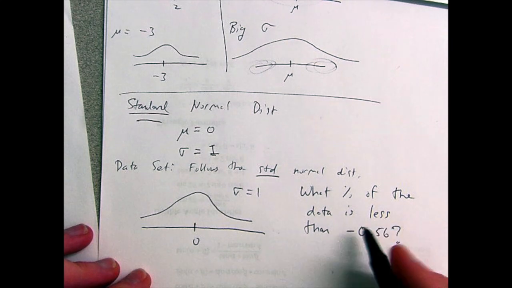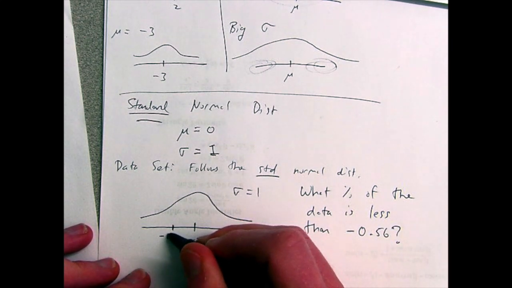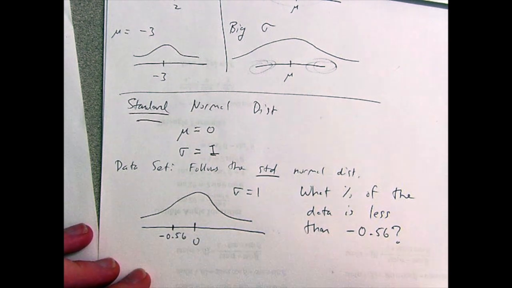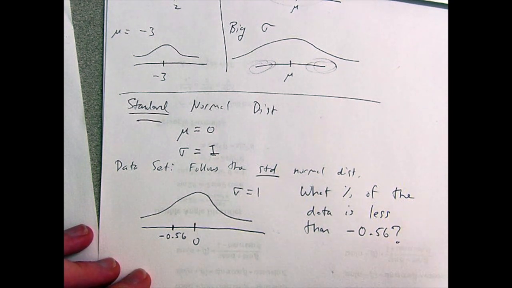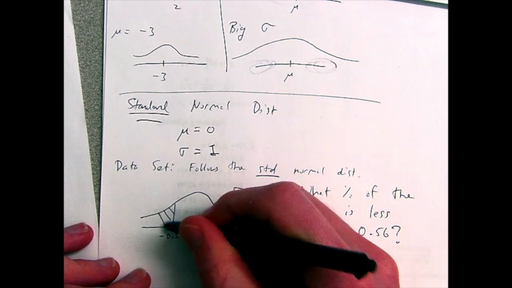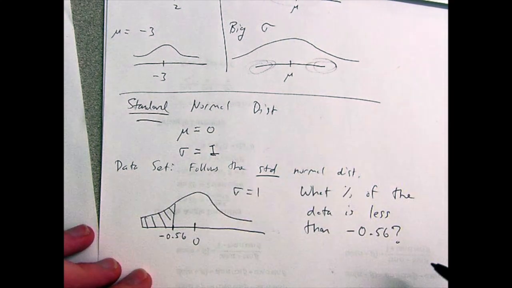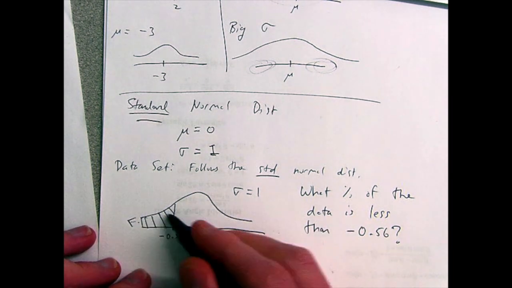Go to negative 0.56, which would be somewhere to the left of 0. Let's say it's right here. The percentage of the data which is less than negative 0.56 is actually going to be the area to the left of negative 0.56 under the curve. So it's the area of this region here.